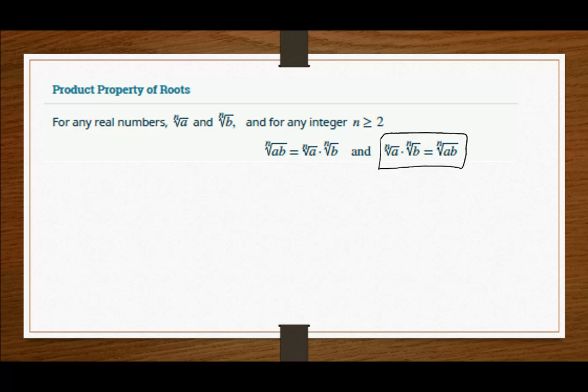In other words, let's imagine I have some example like the square root of 2 times the square root of 8. When I multiply them together, by the product rule, I should get the square root of 16. But this isn't quite finished because I can simplify that to get a solution of positive 4.